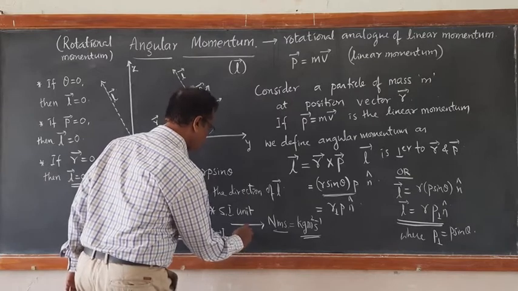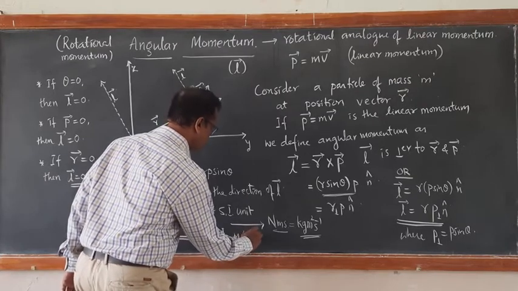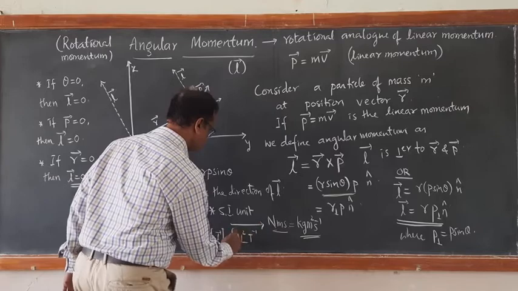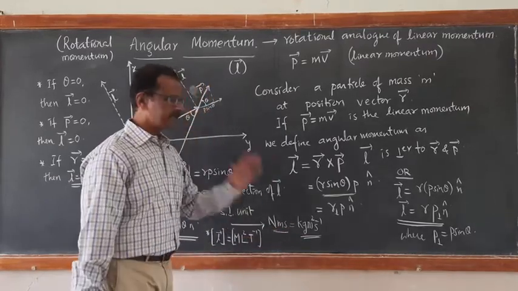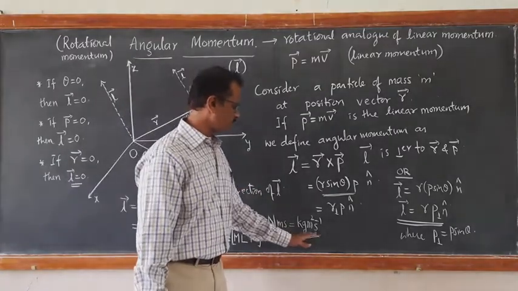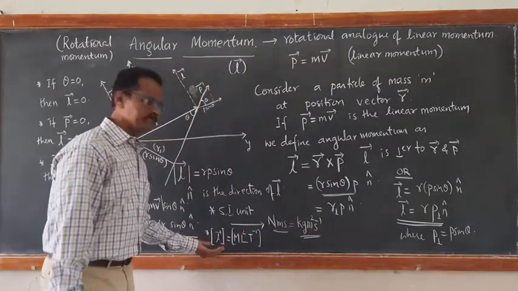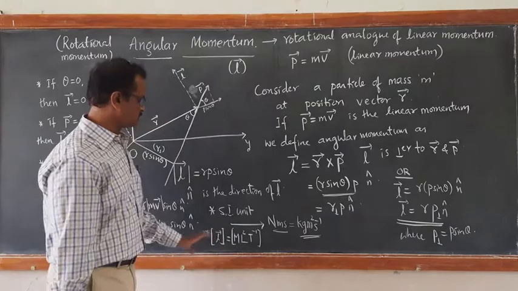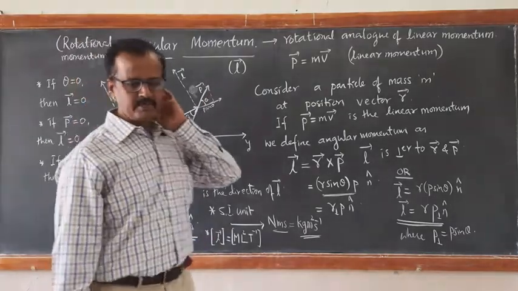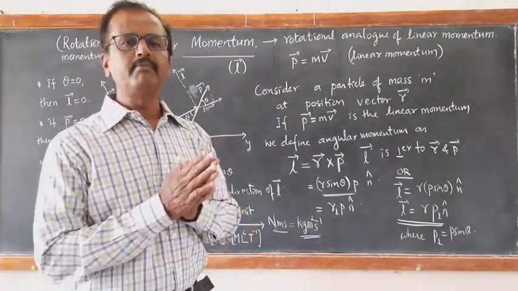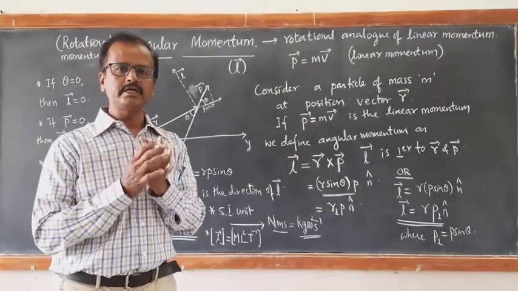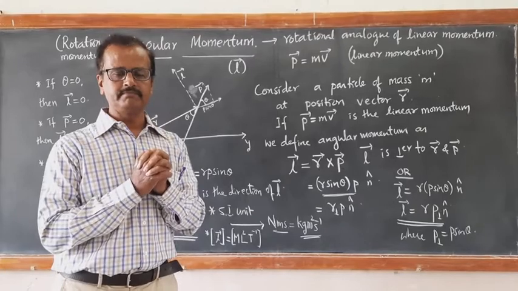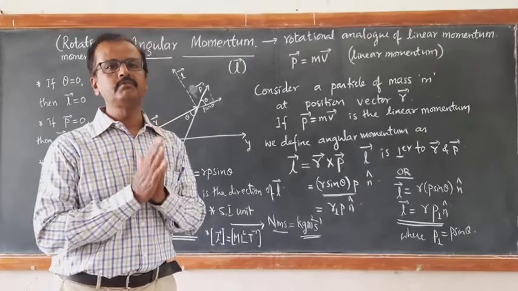M L square T raised to minus 1. So once you know the SI units in terms of mass, length and time, it becomes very easy to write the dimensions. So this is the basic definition of angular momentum. Angular momentum of a particle is the rotational analog of linear momentum when the particle is in rotational motion.